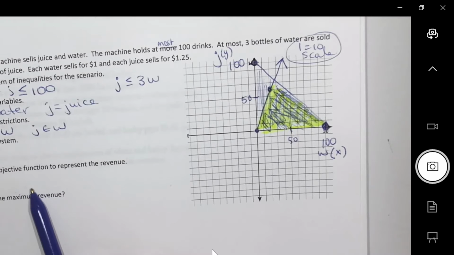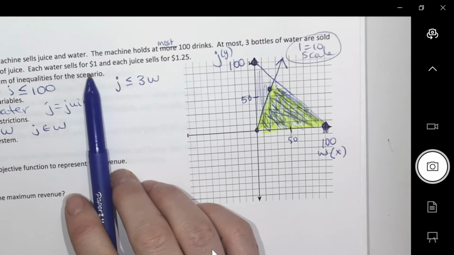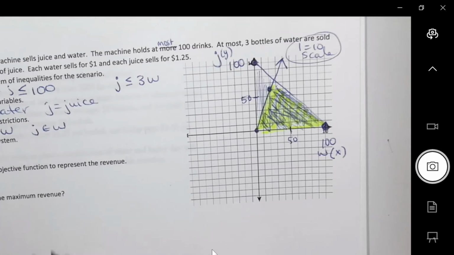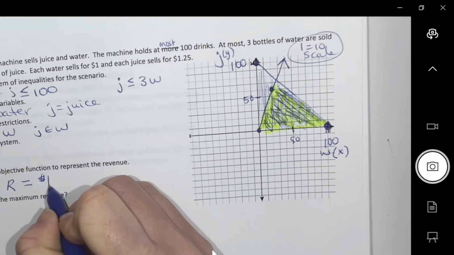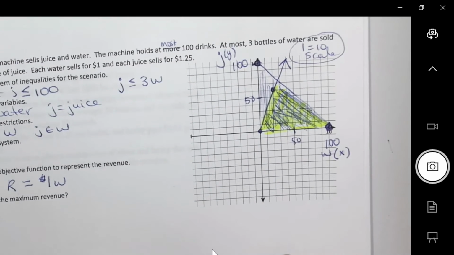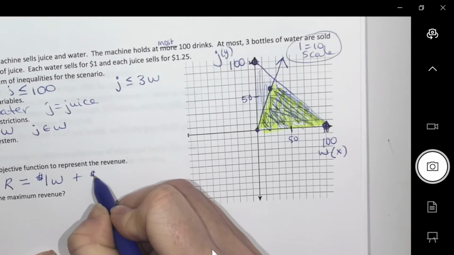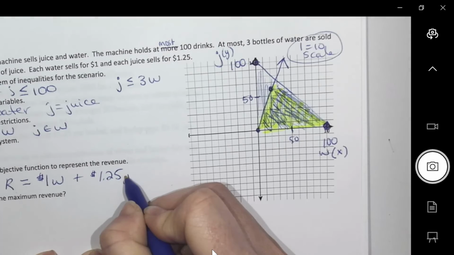Write an objective function. So now an objective function is our money part of it. So each water sells for $1. So the revenue we get is $1 times the waters plus $1.25 per juice.